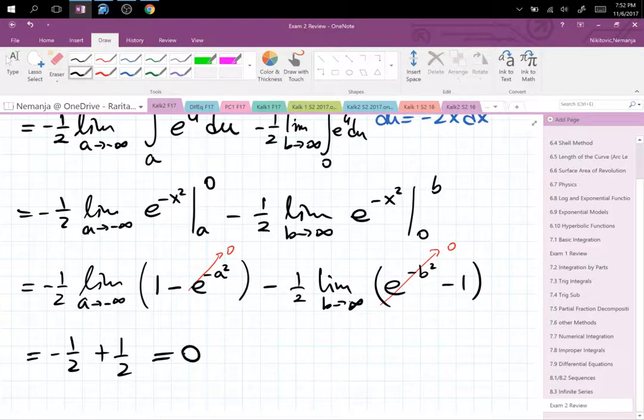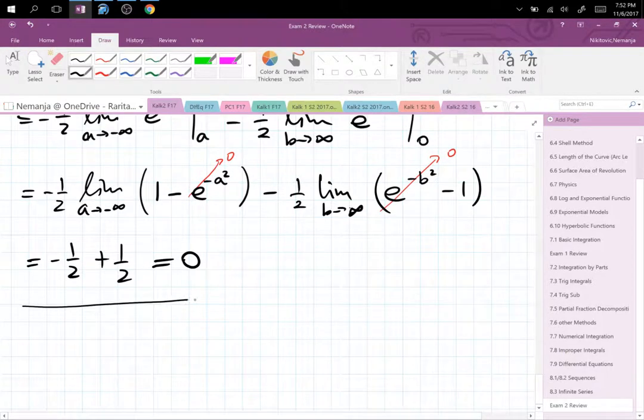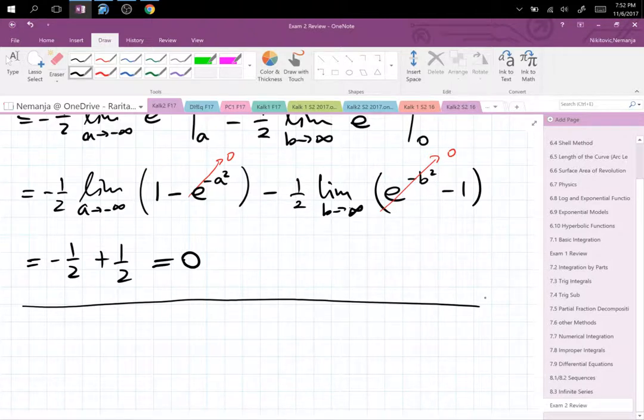Anything else? Some separation of variables, or something with the formula.